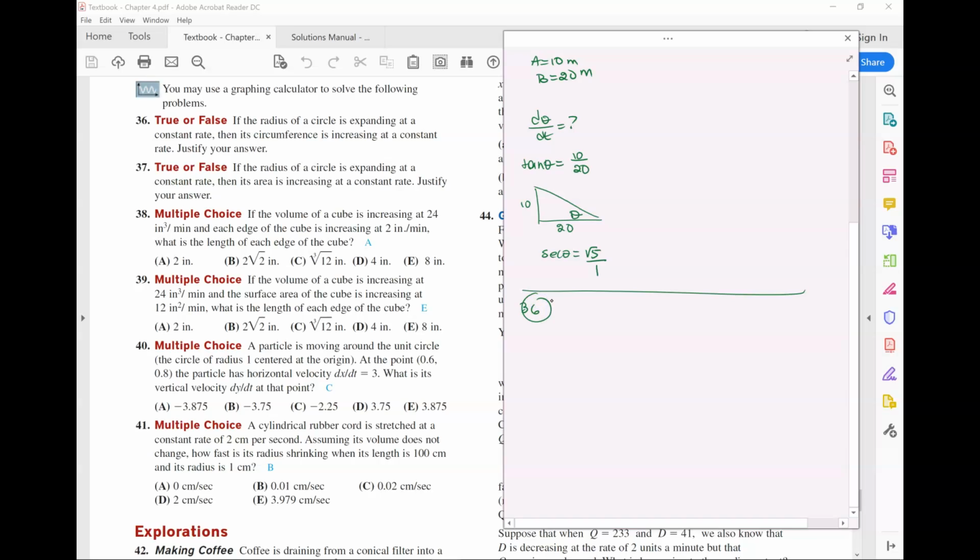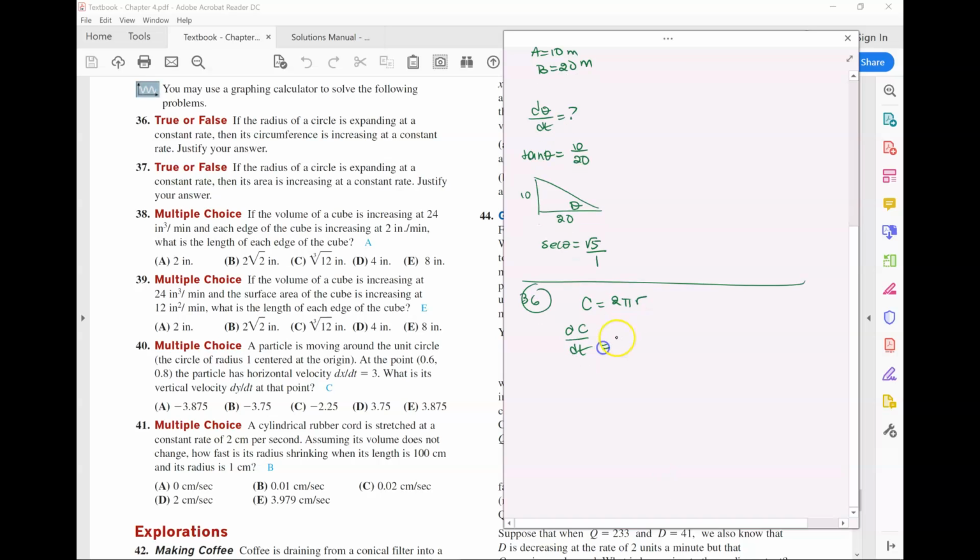If the radius of a circle is expanding at a constant rate, then its circumference is increasing at a constant rate. So what's the circumference? It's 2 pi r. So now when I do the rate of change of the circumference, it's 2 pi dr dt.